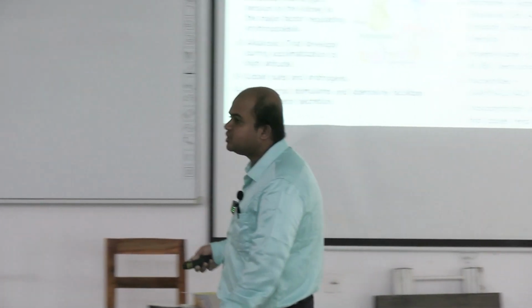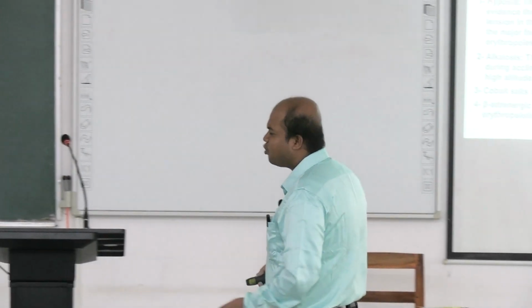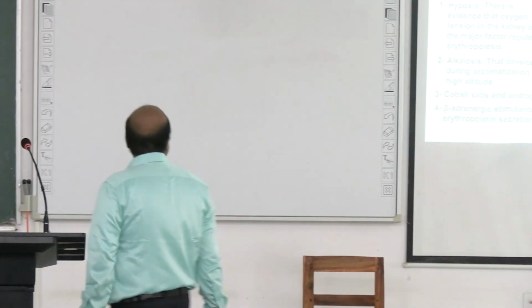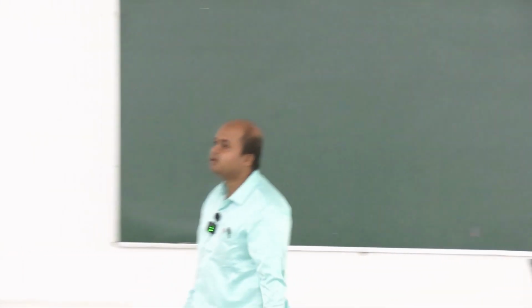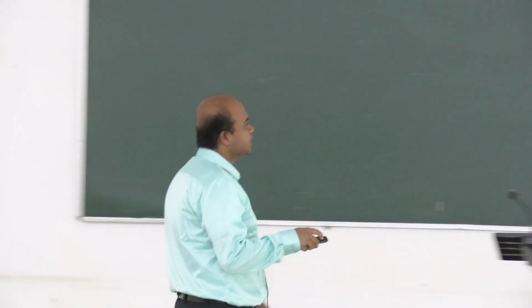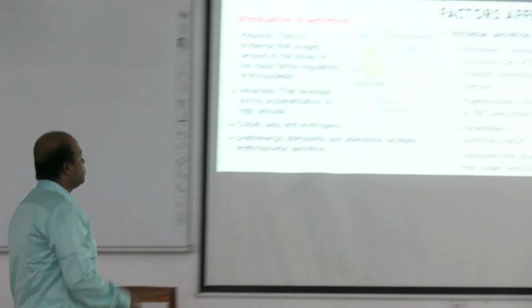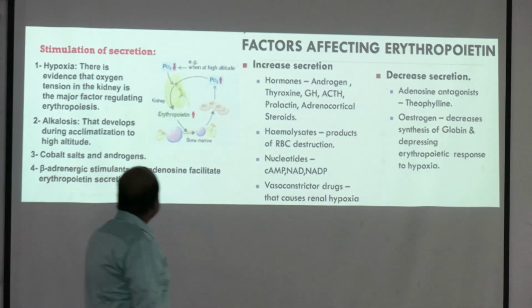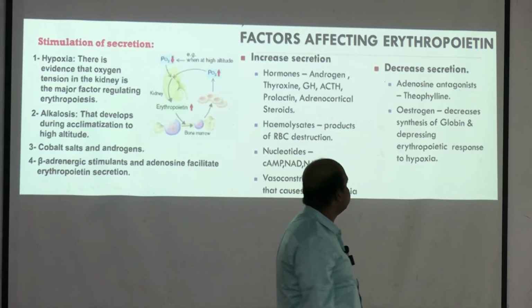If there is alkalosis, or, as has been seen, some cobalt salts, some beta adrenergic stimulus, you will come to know of this term when we study adrenergic and cholinergic physiology. Beta adrenergic stimulants and adenosine facilitate erythropoietin secretion, but the primary factor is hypoxia.